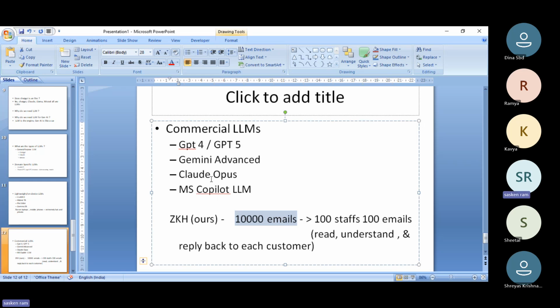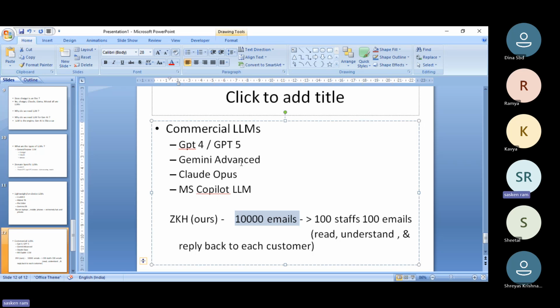It can understand. Not only can it understand the intention of each and every email, it then does the classification in one word, like replacement, refund, or product info, right? Likewise, in one line, it converts each and every email's intention into a classification or category.